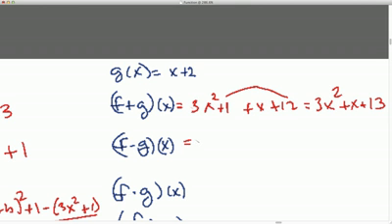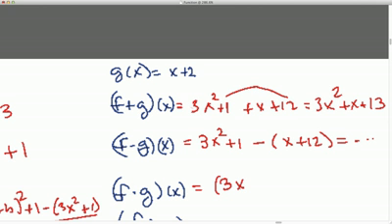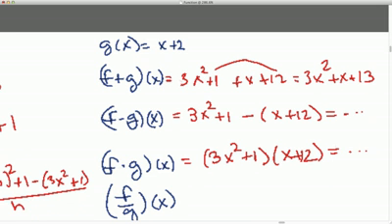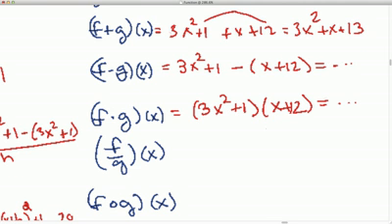Here on this one, don't forget the parentheses on your g of x. It's minus the whole thing. And then you get some answer. And then here you would have multiplication, so you would FOIL this out. And then there'll be an example video for each of these concepts.